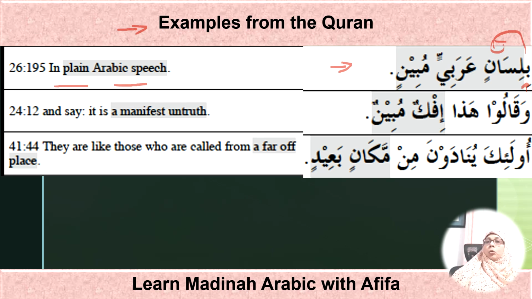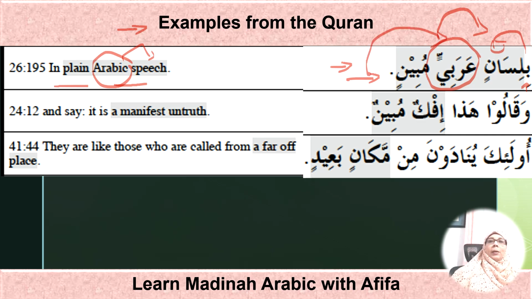And it's majroor because of the preposition attachment. And here, Arabiyyin is your adjective describing the speech. So it is Arabic speech. And interestingly, mubinin is the adjective describing Arabiyyin. It is plain or clear Arabic. So, in plain Arabic speech.